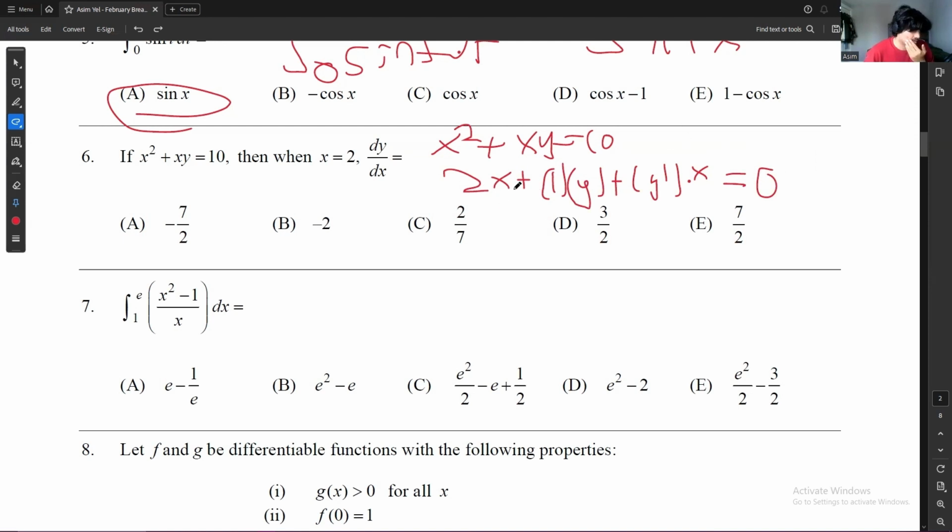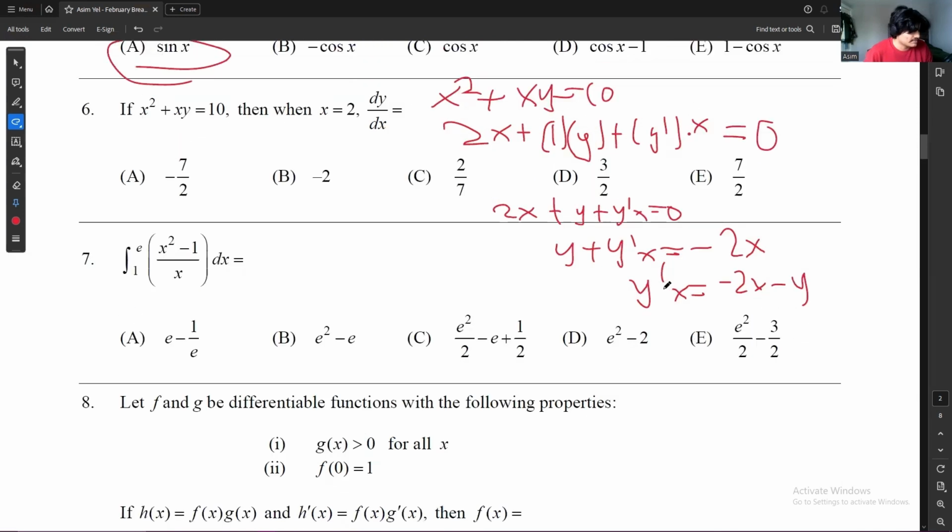Very sweet. Now we have to leave this y prime alone. So let's make this look prettier: 2x plus y plus y prime x equals 0. I'm going to subtract 2x from both sides. y plus y prime x equals -2x. And now I'm going to subtract y from both sides. y prime x equals -2x minus y.